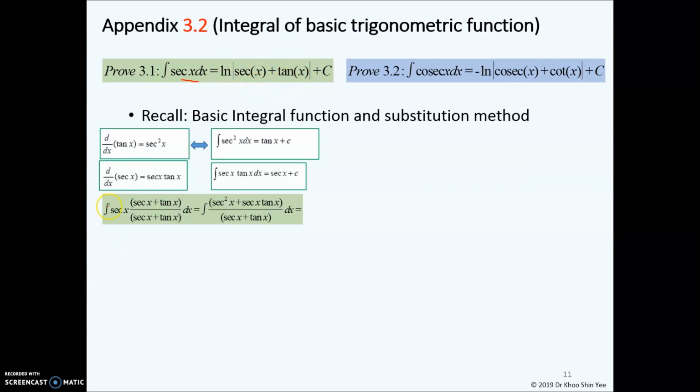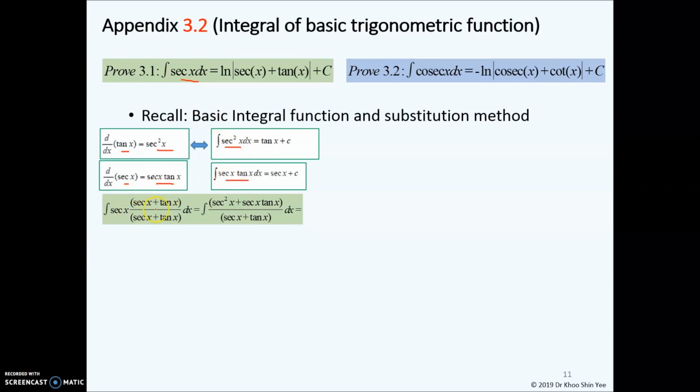So how can we get this? First of all, you must know that if you differentiate tangent, you get secant squared. If you differentiate secant, you get secant tangent. This means that you can integrate secant squared and secant tangent.